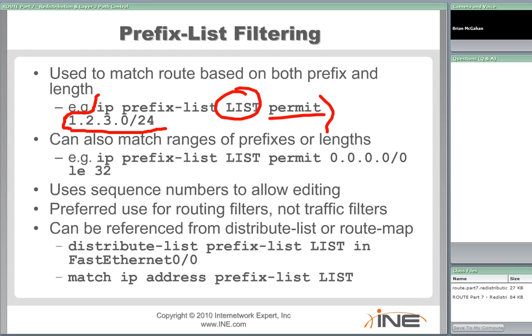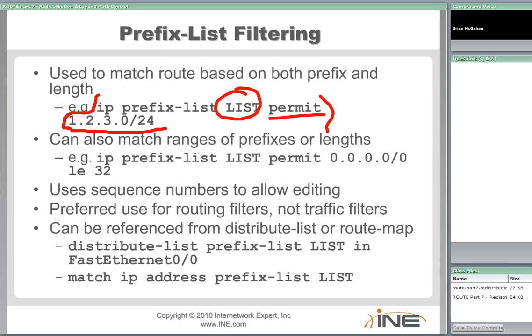Now, one thing the prefix list cannot do that an access list can do is match on random bit patterns in the field. So with an access list, you could classify all numbers that are odd or all numbers that are even. With a prefix list, you can't do this because you can't match on random bits.